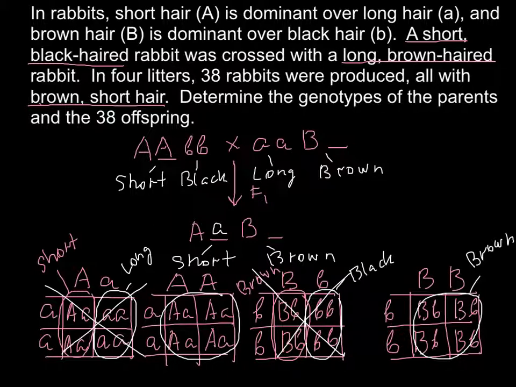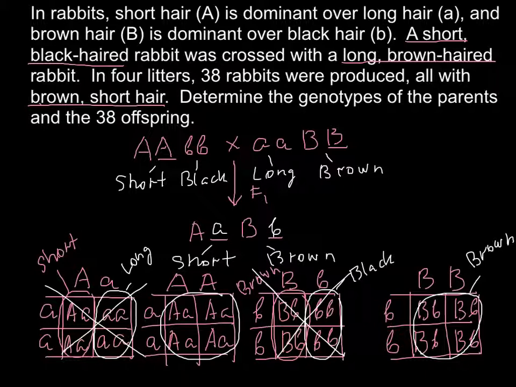And that means that this parent here would have the genotype capital B capital B, and the progeny would be capital B small b, so heterozygous for this trait, but still this capital B capital B would be brown, and this capital B small b also would be brown, and the same thing here: capital A capital A would be short, and capital A small a also would be short.